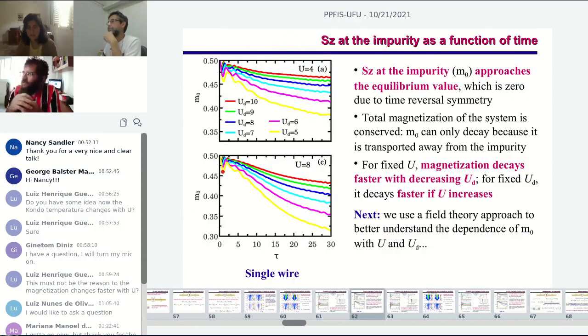Right. So in this sense, the system, let's call it that way, free electron. It's not free, because we have a Coulomb interaction, but they have not screened the spin. The idea here is that we want to get to the Kondo effect, but it takes more time than the one that we have here, either in our simulation or in our analytical results. So the system is evolving towards the situation where we should have a screening of this initial spin at the impurity, but we didn't get there.